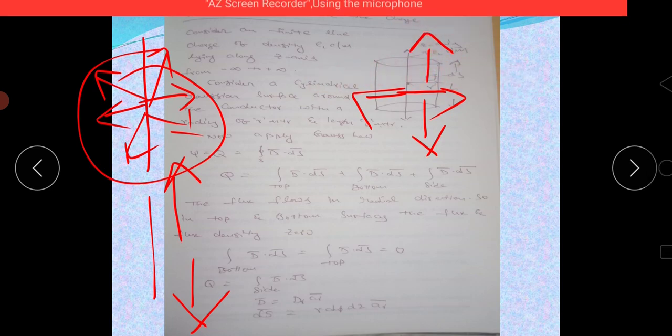So the total electric flux flows through the side surface only. In the top surface and bottom surface the electric flux equals 0. The total flux produced by this line charge flows only through the side surface. So in the top surface and bottom surface the electric flux density equals 0.